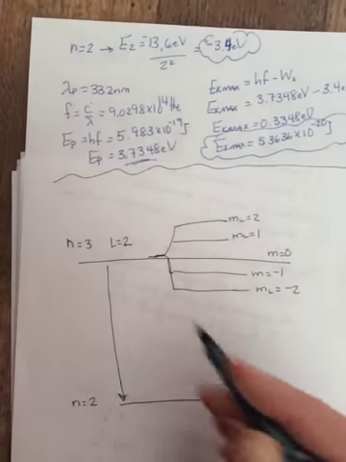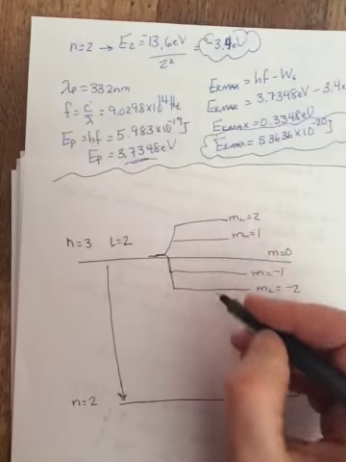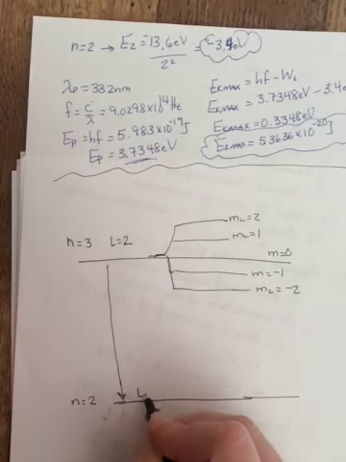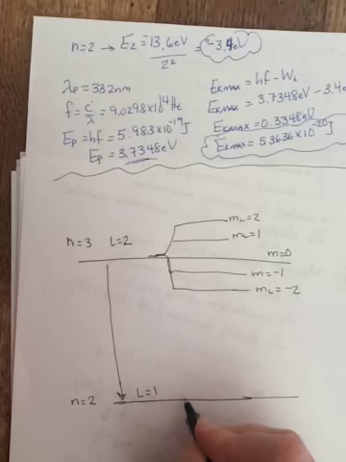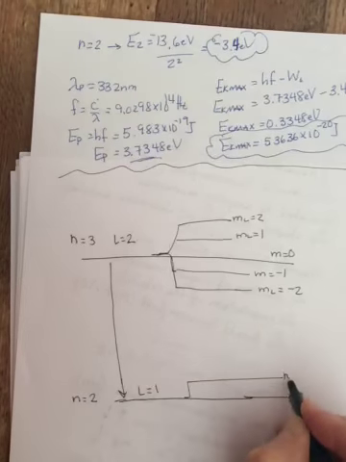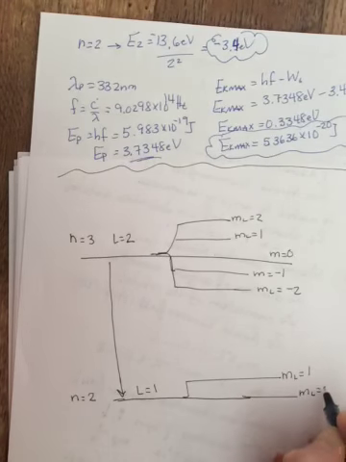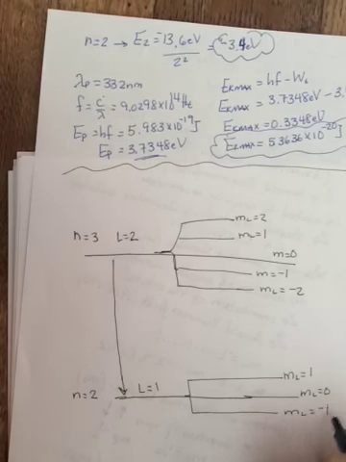So within the n equals 3, L equals 2 subshell, you'll have these splittings. And then, of course, down here at n equals 2, you also have L equals 1. And when L equals 1, then you have an ML equal to positive 1, an ML equal to 0, and an ML equal to negative 1.